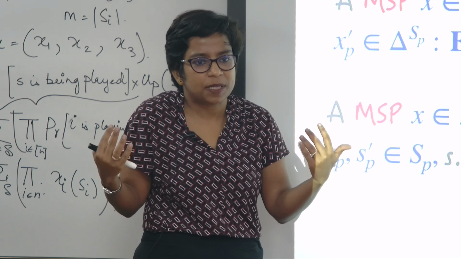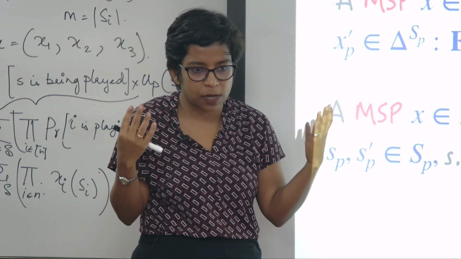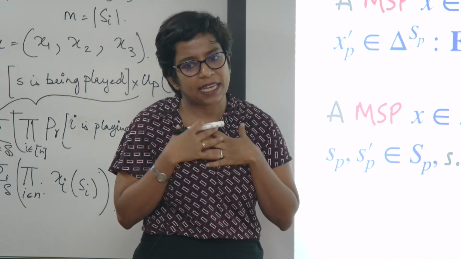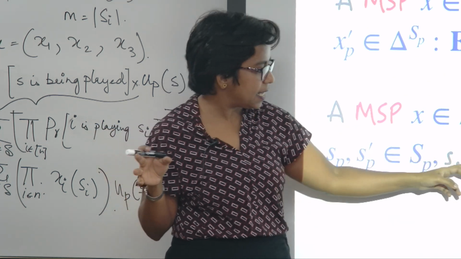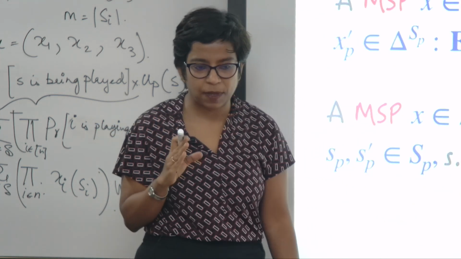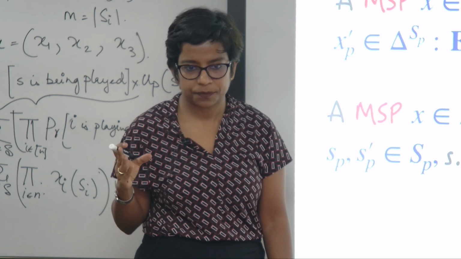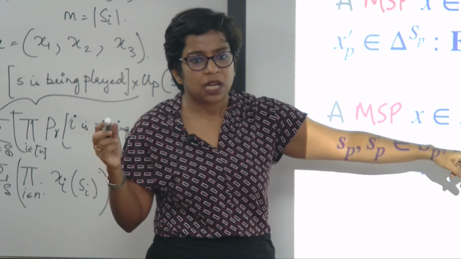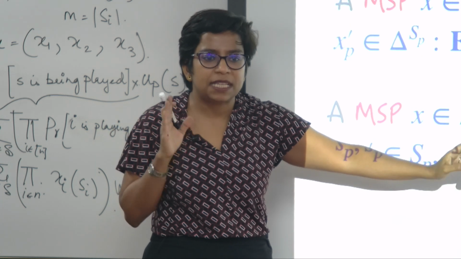In the rock paper scissor game, always go back to that just to think about it. If I were a player who always will play either rock or paper and never play scissor, then this condition would be only applicable to rock and paper. So, that condition says, let me think, am I missing out on something?